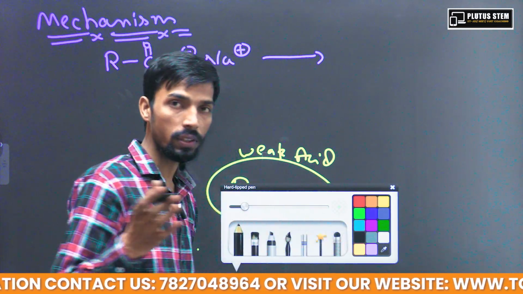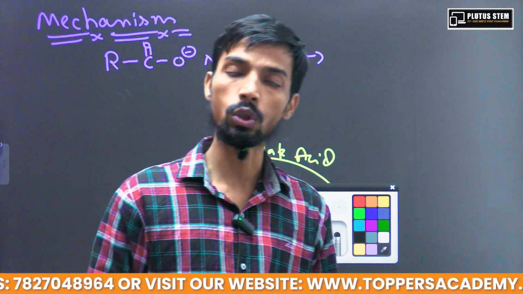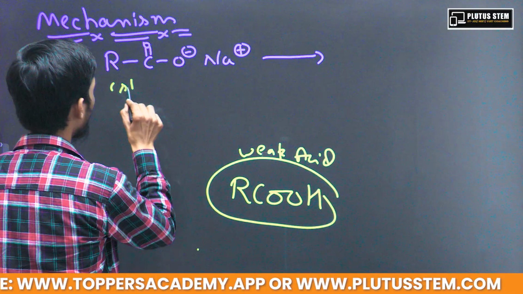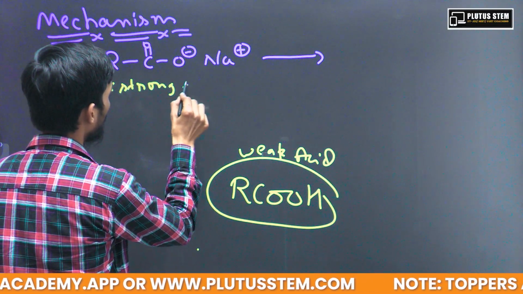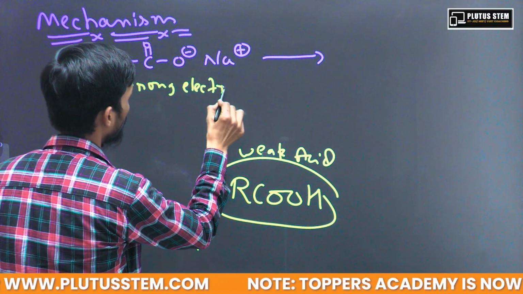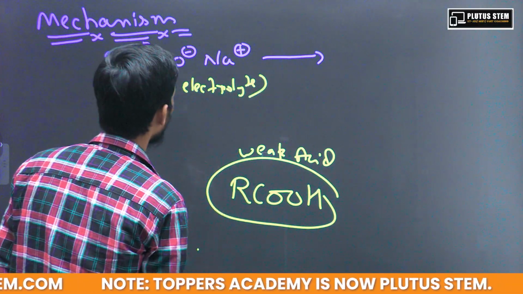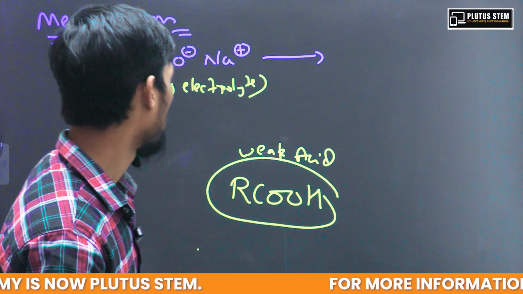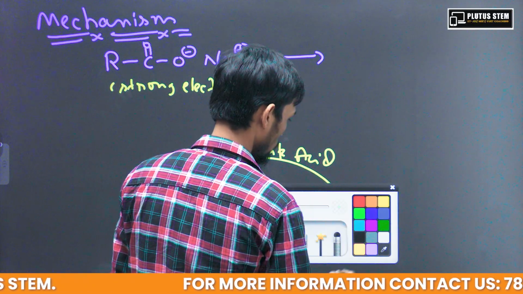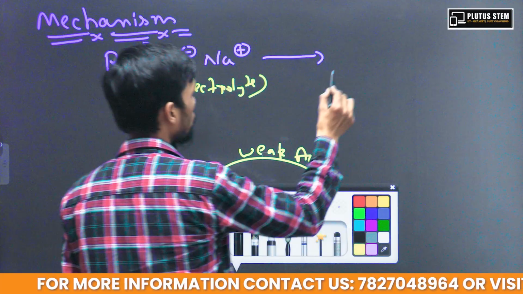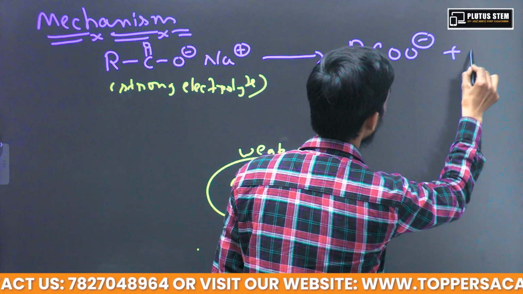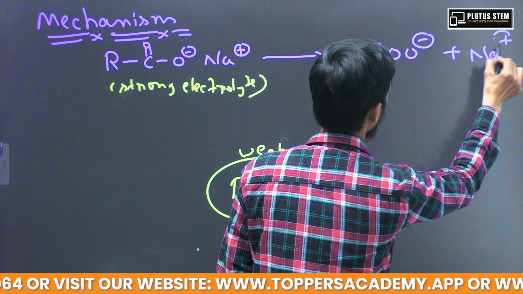The salt of a weak acid plus a strong base is going to be a strong electrolyte, a combination of weak acid and strong base moieties. So this is going to break down like RCOO negative plus Na positive.